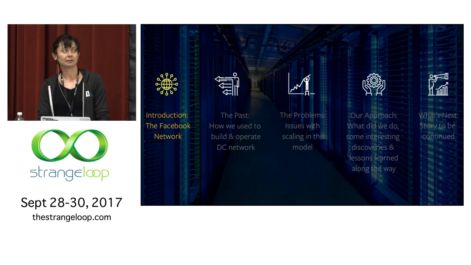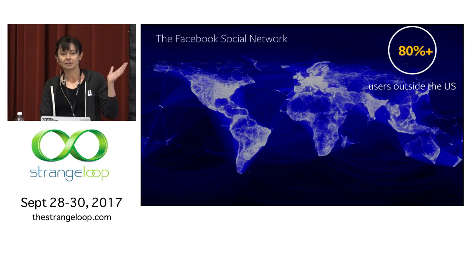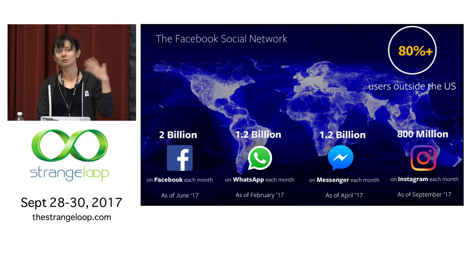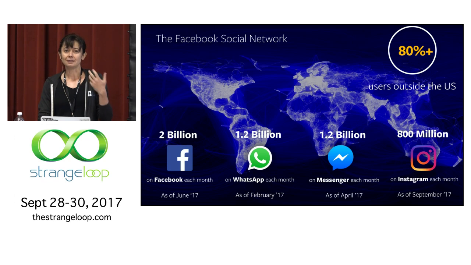So let's look at what the Facebook network looks like. First, this is an image of all people using Facebook and their relationships. So this is our social network. And as you know, there are lots of people using Facebook and other apps. And in order to support these people and give them a good experience, we had to build vast infrastructure.